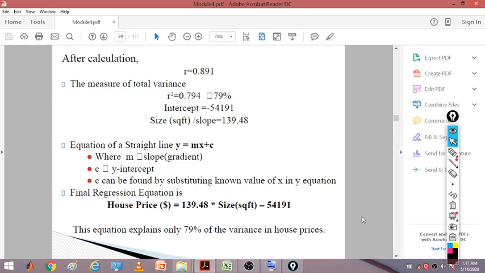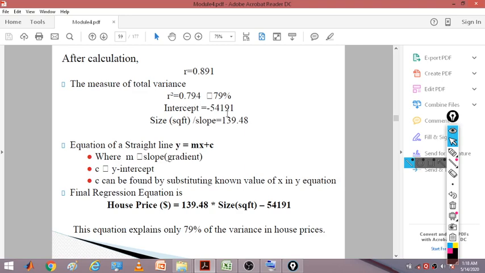Now after calculation, we get the r value equal to 0.891. The measure of total variance, r square, is 0.794, which you can approximately take as 79%. The intercept will be minus 594191, and the size slope, in square feet, will be 139.48.